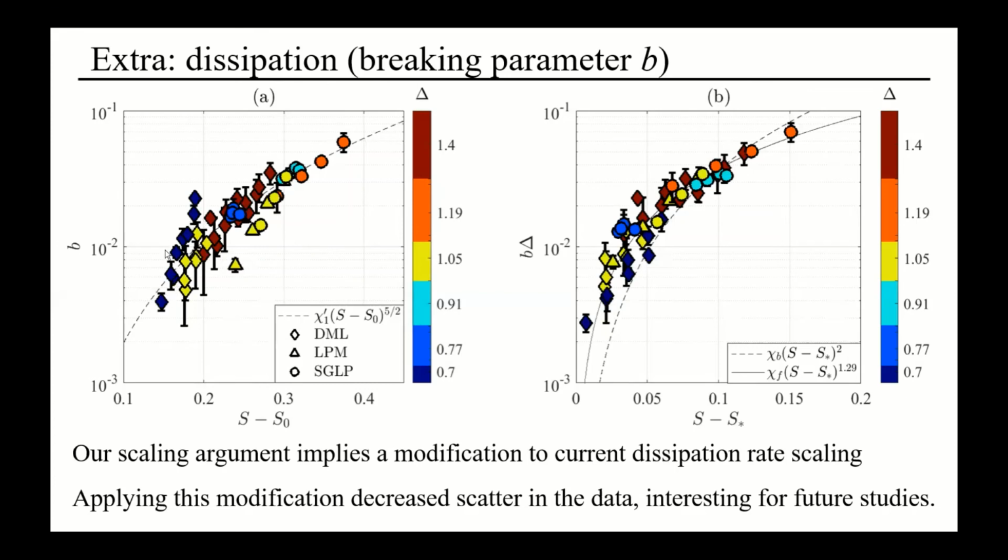And when we plotted those data points on this current scaling, we noticed that the different experiments, these diamond points and the rest of the points, sort of fell in different clusters. And also, interestingly, the different bandwidths followed different trends.